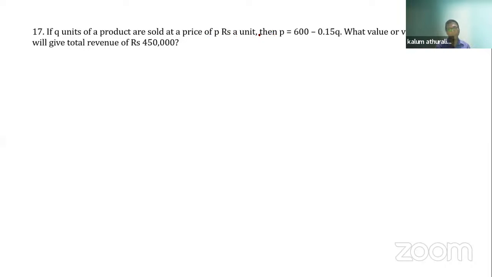Price P equals 600 minus 0.15Q rupees per unit. What is the value of Q?